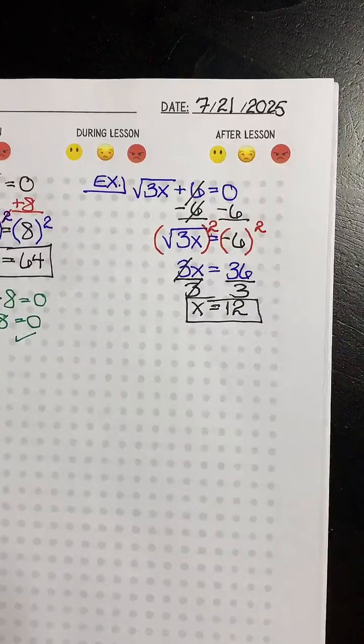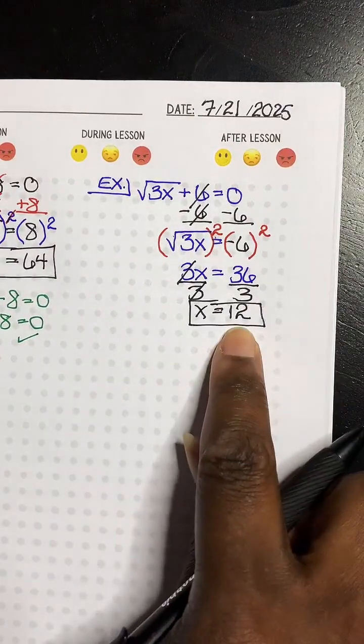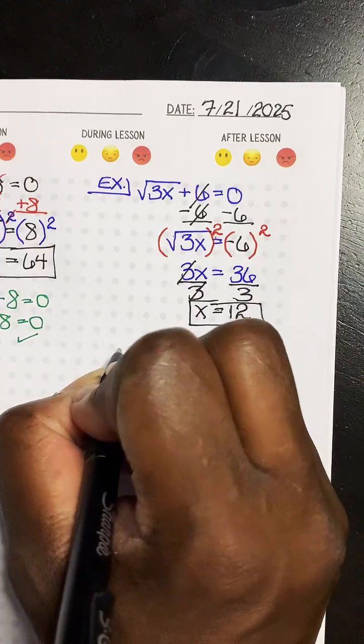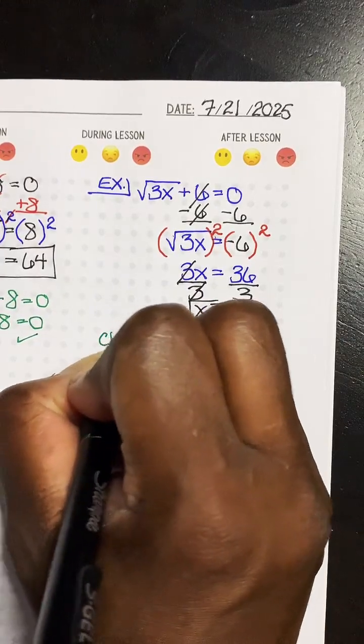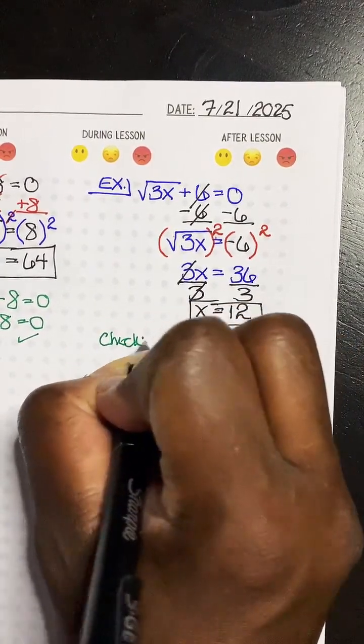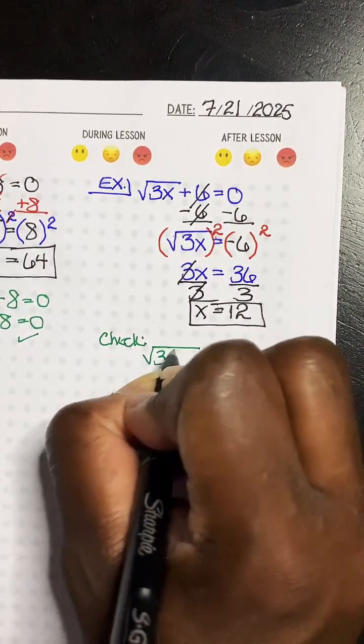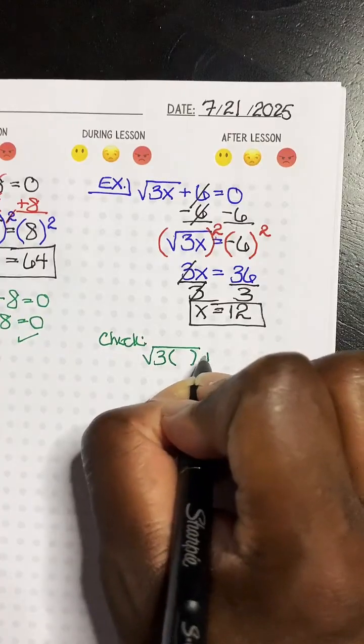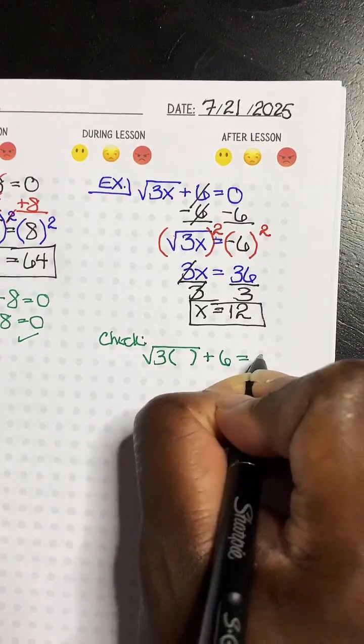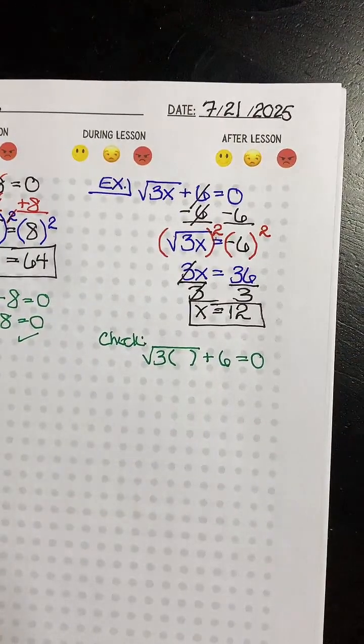So now let's take a look over here. We have a 12. So now we're going to check it. We have the square root of 3 times 12 plus 6 to see if that gives us 0.